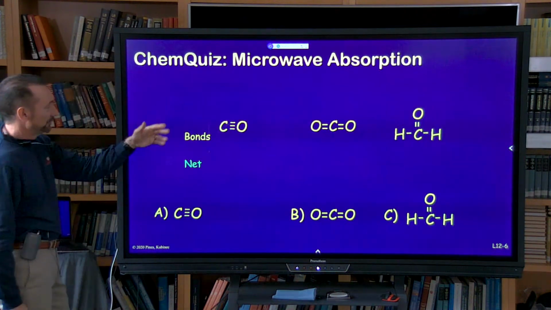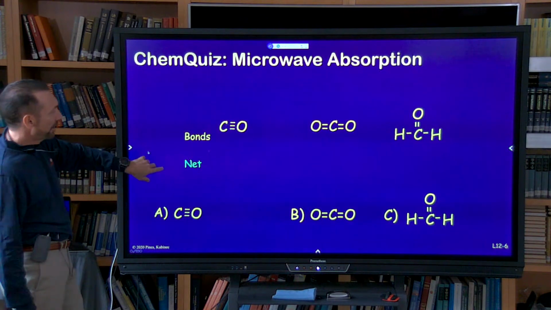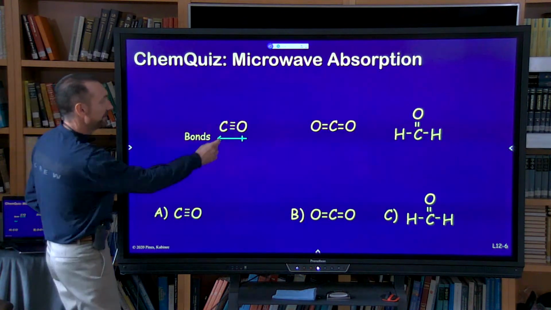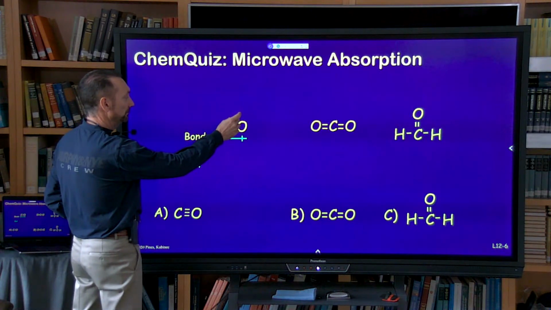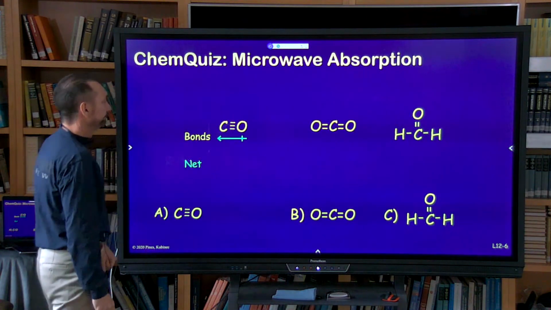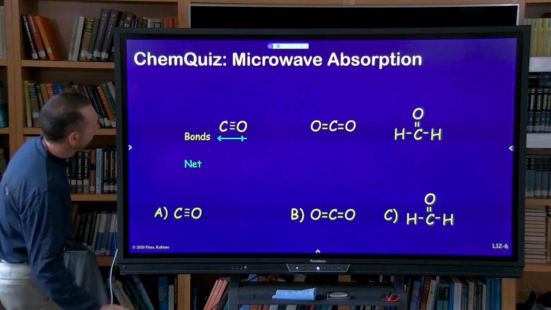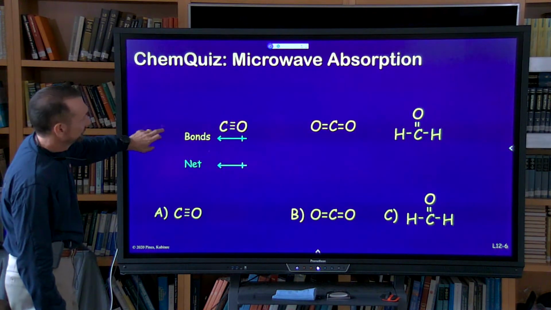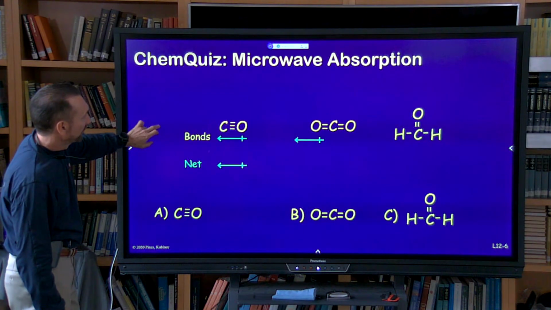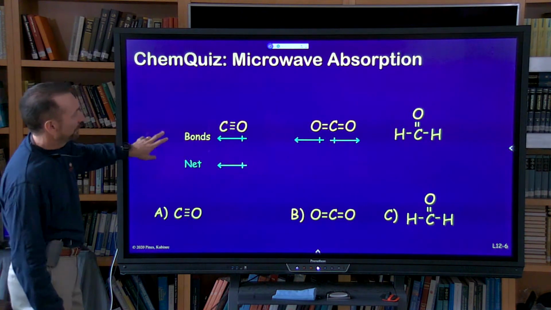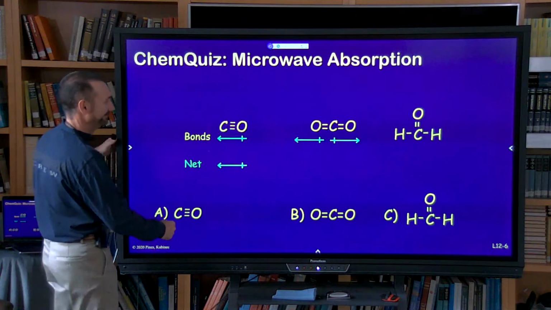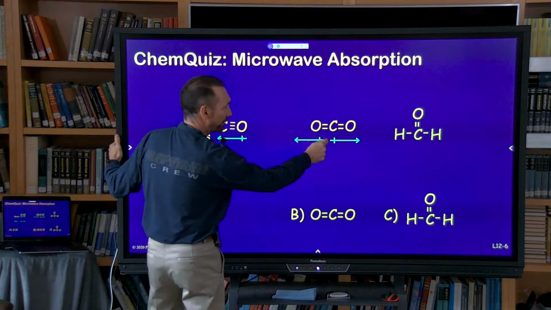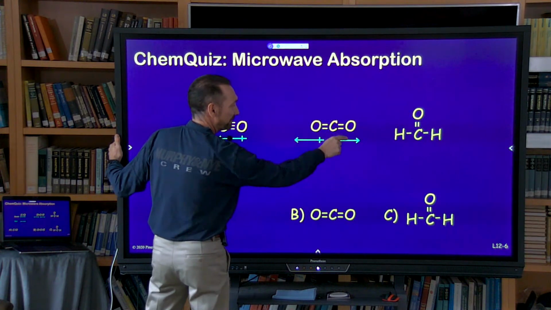So there's the three of them. I'm going to draw the dipole moments of the bonds. I drew that one backwards. So we're going to draw the little dipole arrows from the more positive to the more negative.